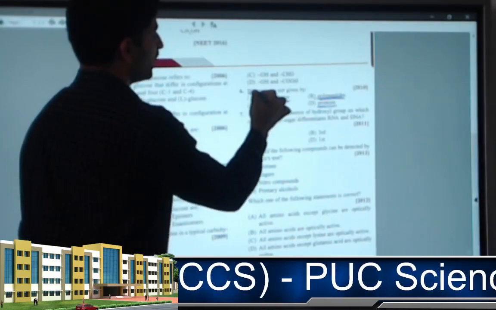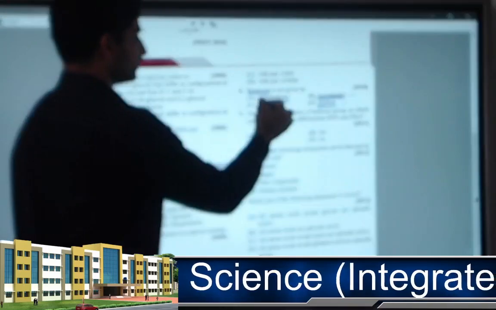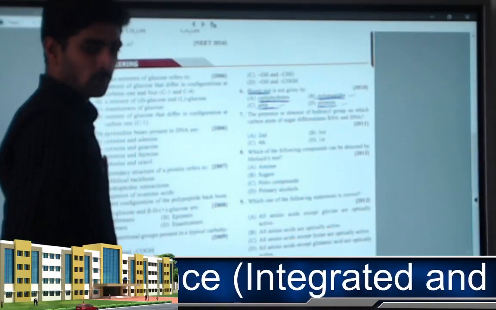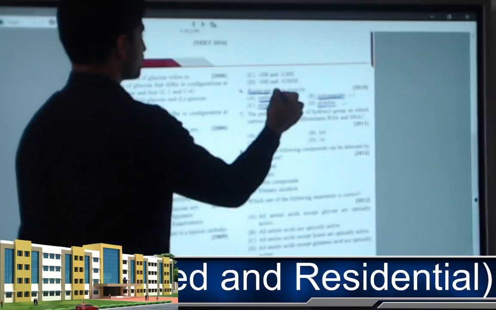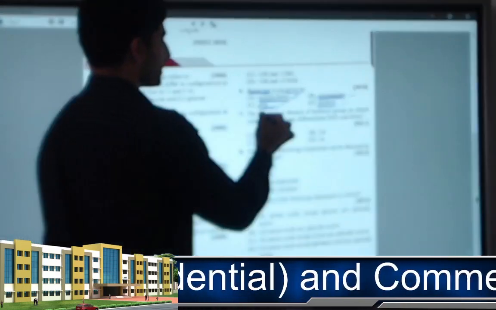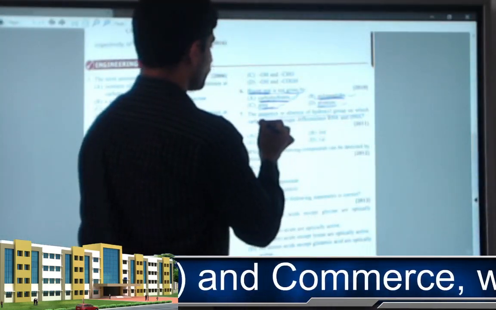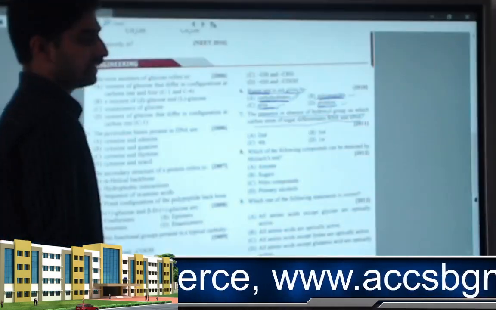So biuret test is mainly for polypeptides and proteins. Whereas in carbohydrates, there is no polypeptide bond. So biuret test is not given for what? Carbohydrates.